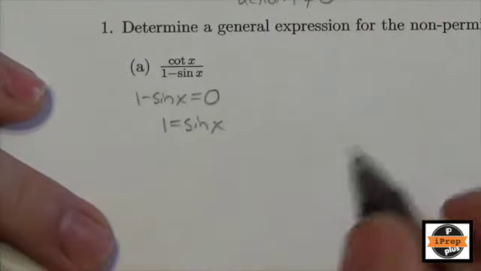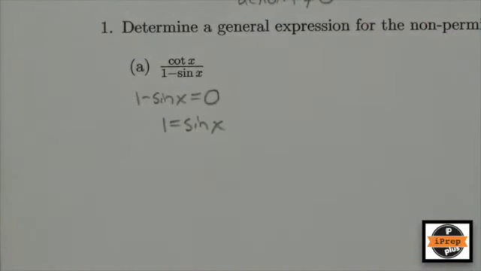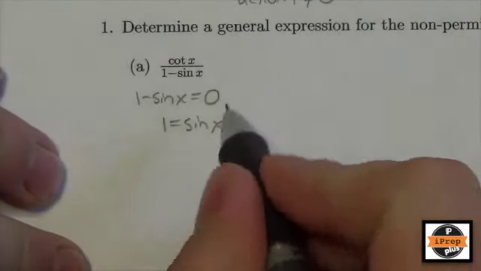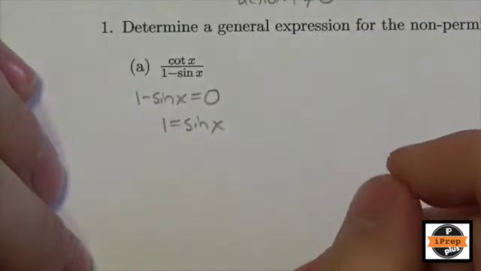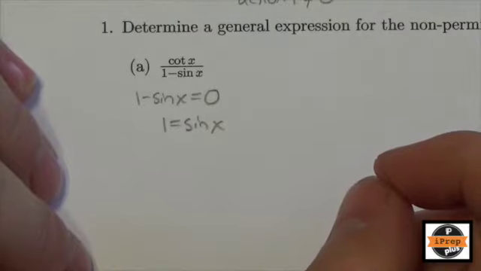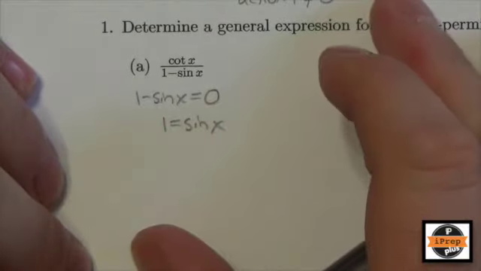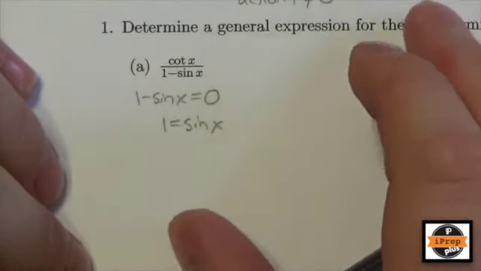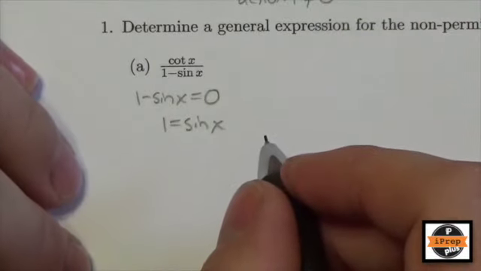Now let's think about that. When does sine take on a value of 1? You might think about the unit circle, and the fact that the sine ratio is always related to the y-coordinate of any point on the terminal arm. Where does that go to 1? It's going to go to 1 at 90 degrees.